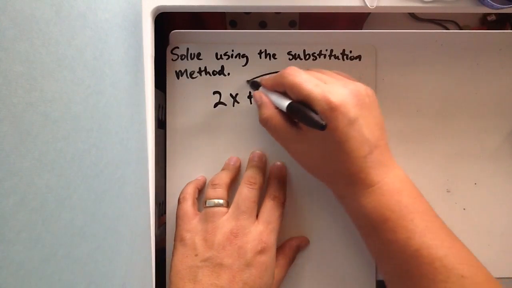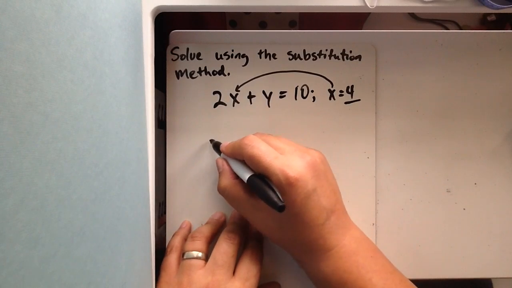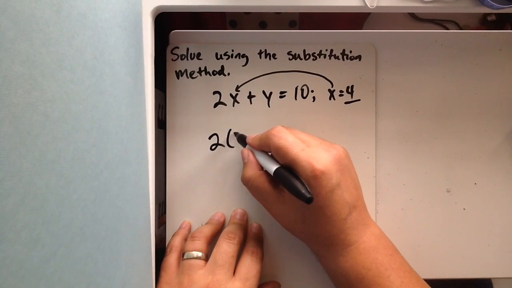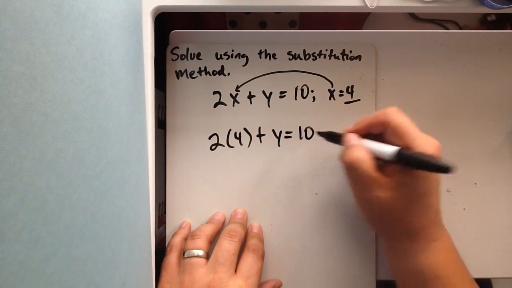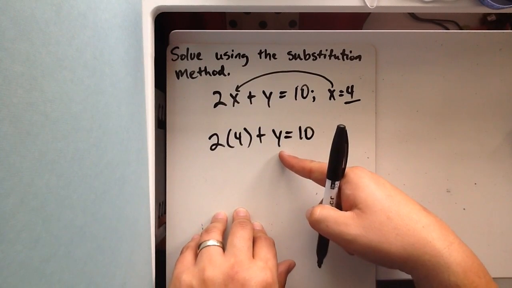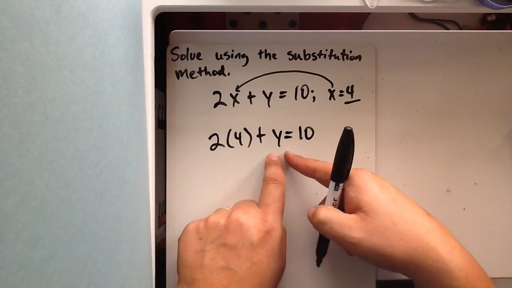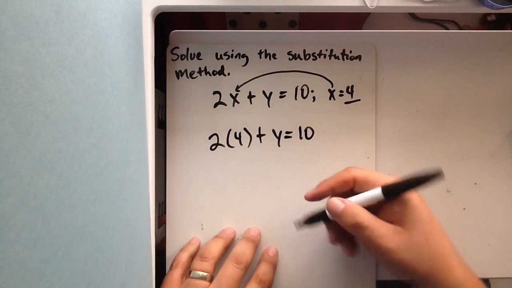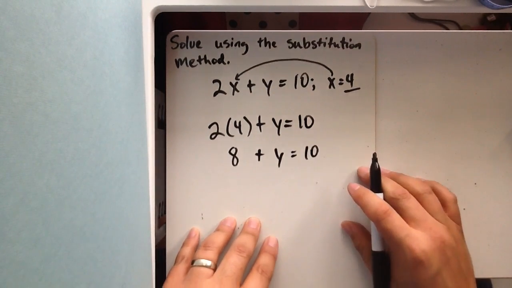I'm going to use this little arrow and say I'm replacing x with 4. And since there's 2 and 4, that means I'm multiplying 2 times 4, and I rewrite my equation as this. I still have one variable here, that's fine, but I have a value for the other variable, so I can still figure out the answer because I'm given a number. 2 times 4 is 8, plus y equals 10.